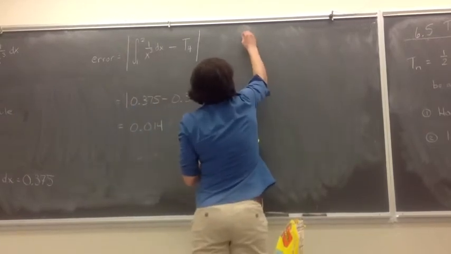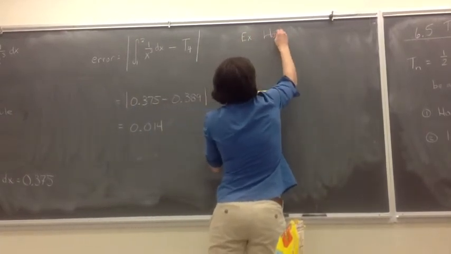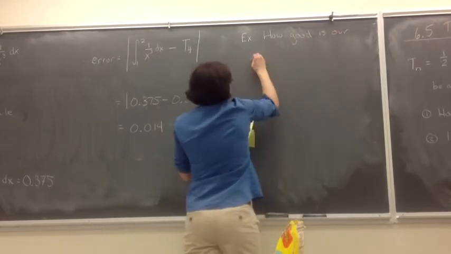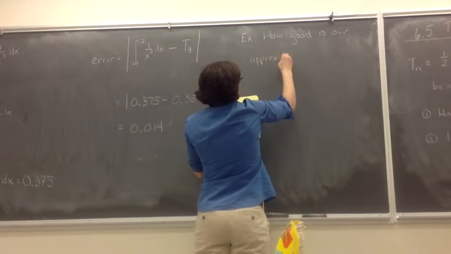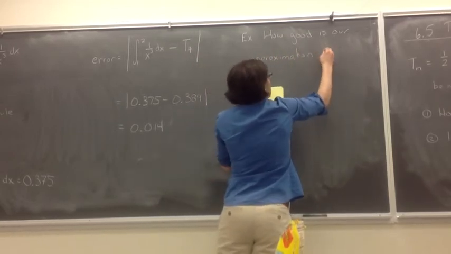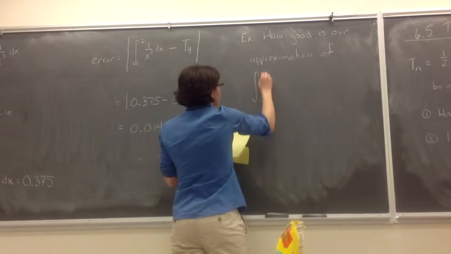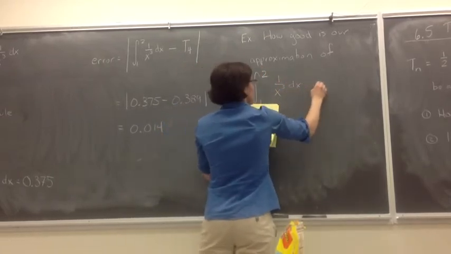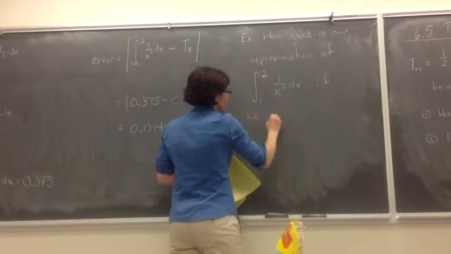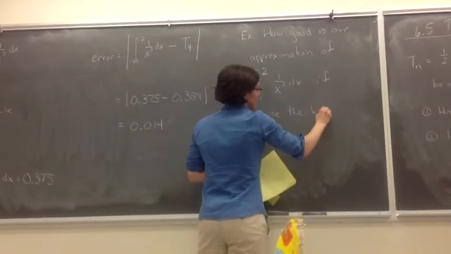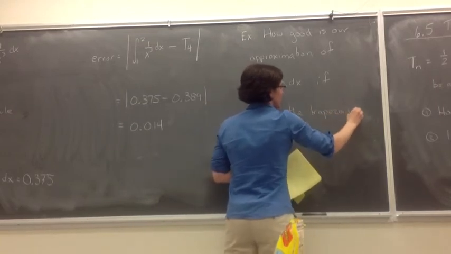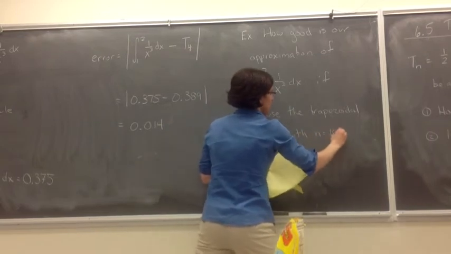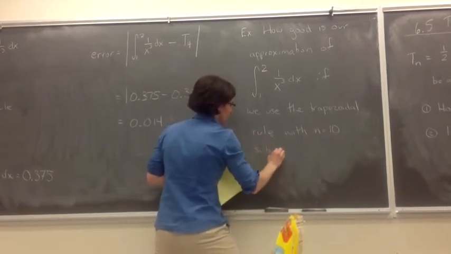And so the next question that we want to ask is, how good is our approximation of the integral from 1 to 2 of 1 over x cubed dx if we use the trapezoidal rule with n equal to 10 subintervals?